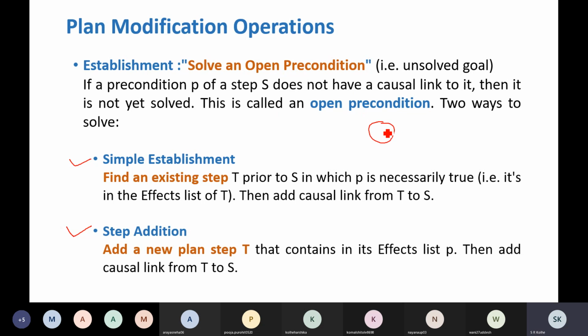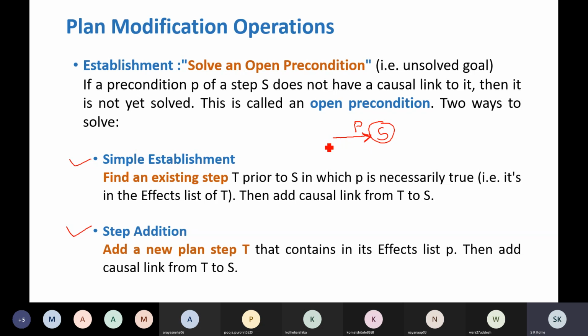Suppose there is a step S, and the precondition of step S is P. So P should be true to execute this step S. If it does not have a causal link to it, then this is called an open precondition. So there should be a link which will make this P true.